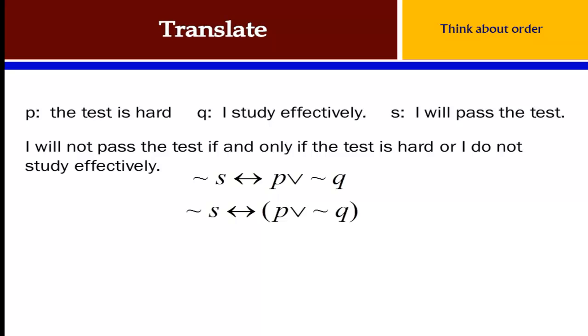Since the most dominant connective is the biconditional if and only if, those statements appearing after that biconditional are grouped together with parentheses. That is the or part of this overall compound statement.